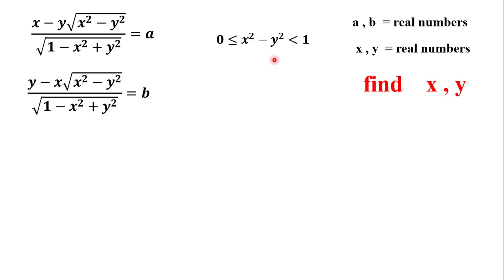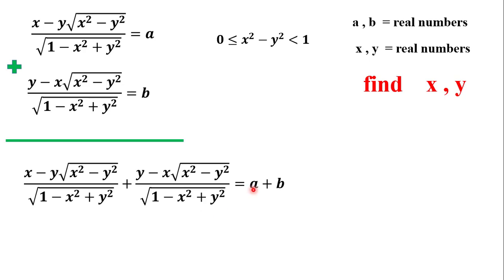In the next step we can add these two equations. So we get a plus b equals (x minus y) times square root of x squared minus y squared plus (y minus x) times square root of x squared minus y squared.